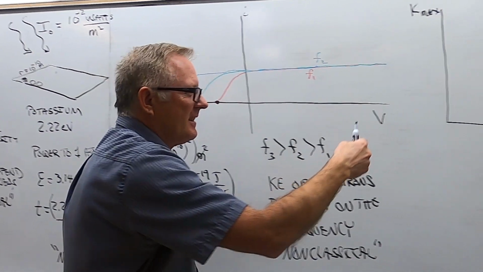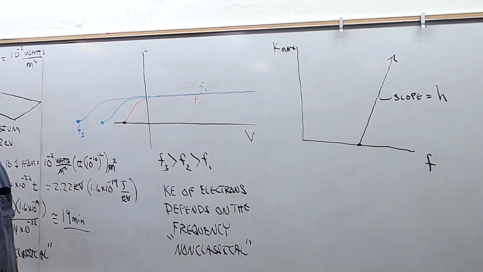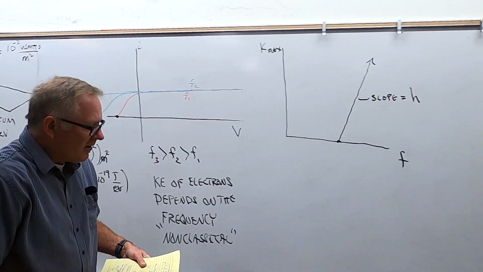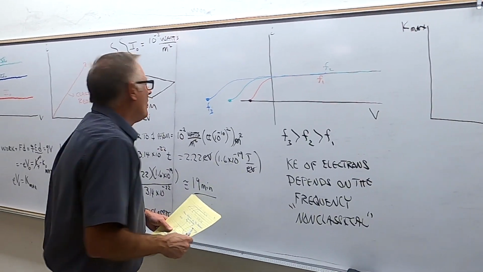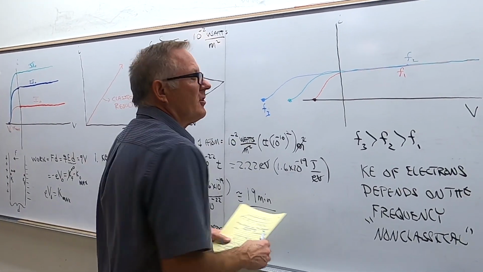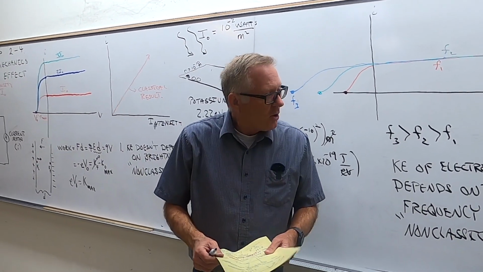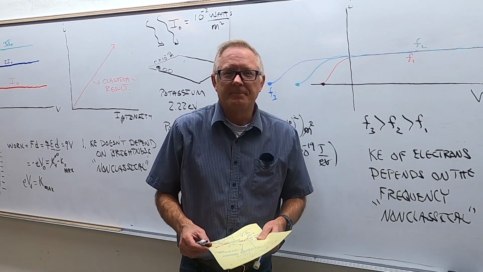You at least need this frequency to even kick off any electrons. Okay, so this was all of our problems. Now we're going to have to figure out how we solve this. In the next lecture, we'll see how Einstein solved this problem.